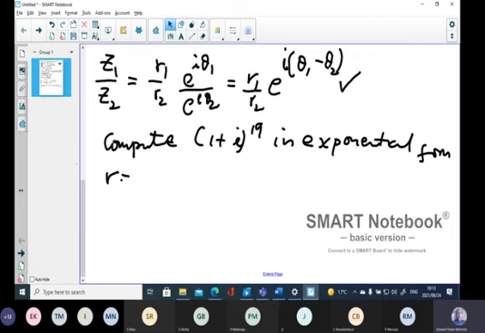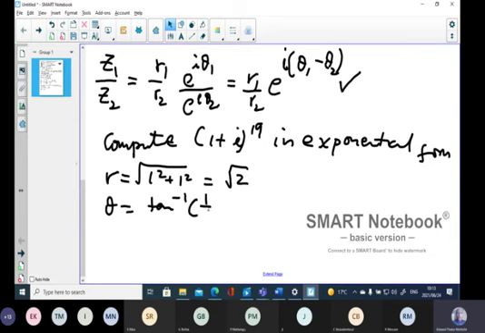Okay, now R is equal to the square root of 1 squared plus 1 squared, which is equal to the square root of 2. Now our angle, which we can just call theta, is equal to tan inverse of 1 over 1, which is equal to pi over 4.